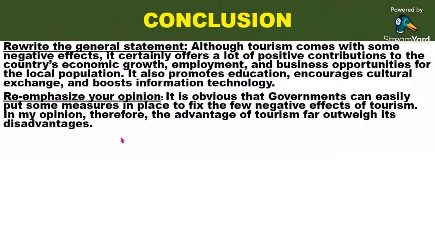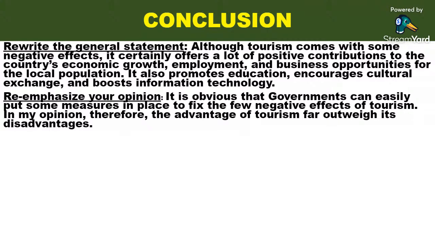Then the next thing is for us to re-emphasize the opinion. You see, we have given an opinion, but we are going to re-emphasize it. It is obvious that governments can easily put some measures in place to fix the few negative effects of tourism. We agree that tourism has a few negative effects, but again, to project our opinion that the advantages outweigh the disadvantages, we are saying that even the few negative effects of tourism can be fixed.